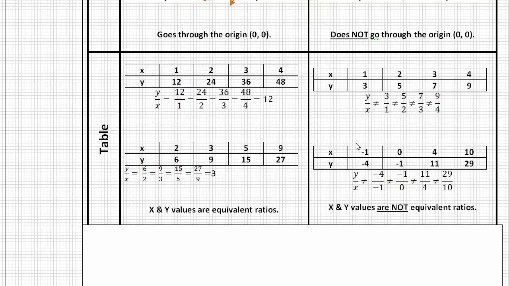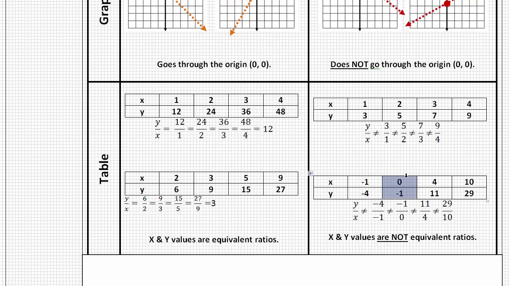So the last thing I want to point out, though, with this last example that was a non-proportional relationship is this point right here, 0, -1. We learned in its graph view that a proportional relationship goes through the origin 0, 0. When x is 0, y is 0.